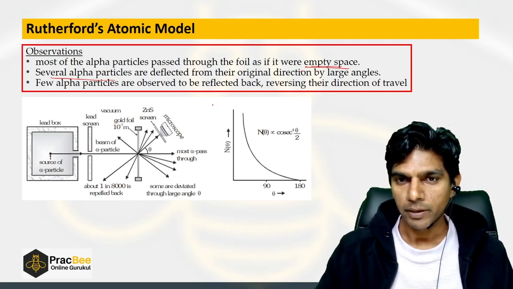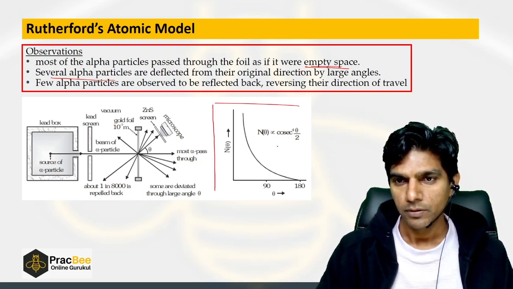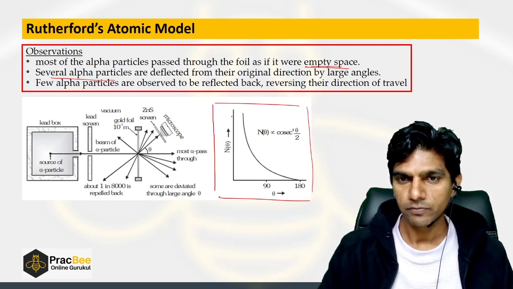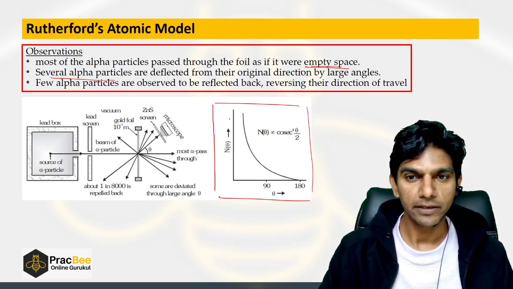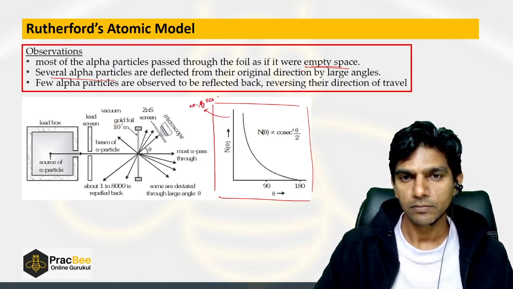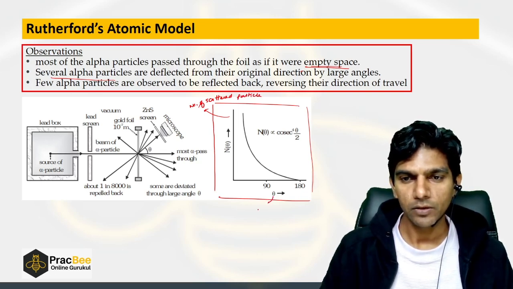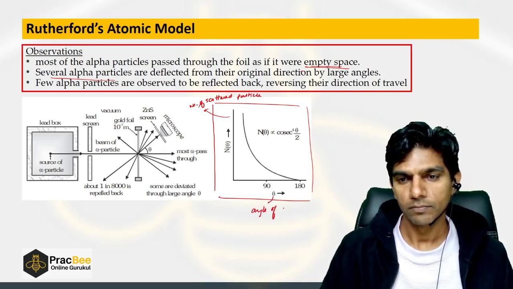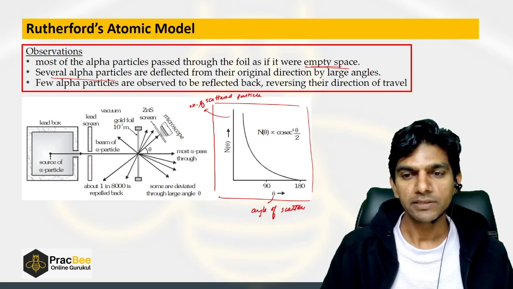What you have to remember is this graph. On the y-axis, we have the number of scattered alpha particles, and on the x-axis, we have the angle of scattering. Now, what is the angle of scattering?